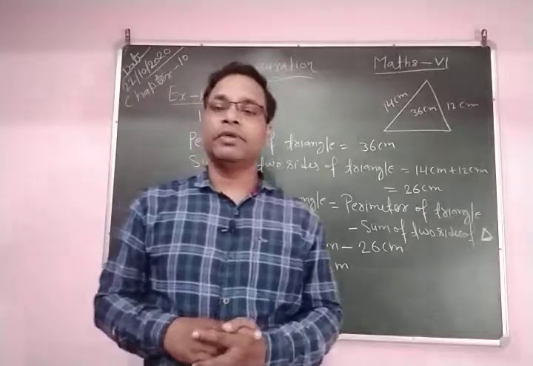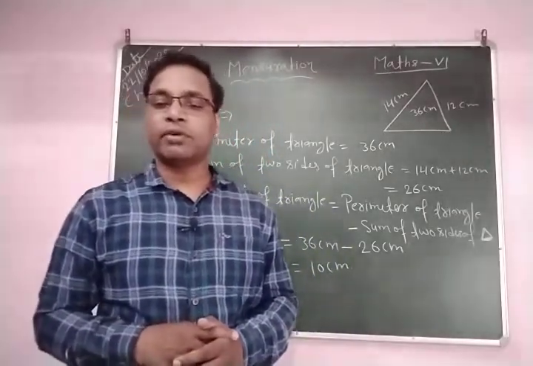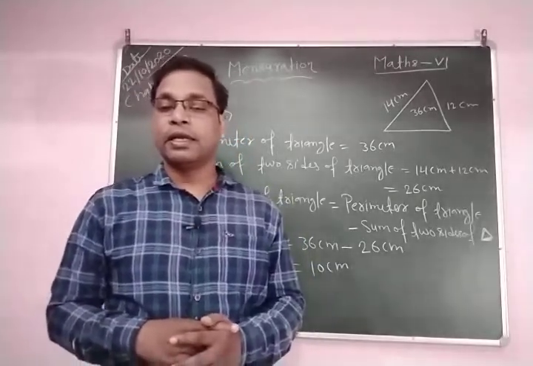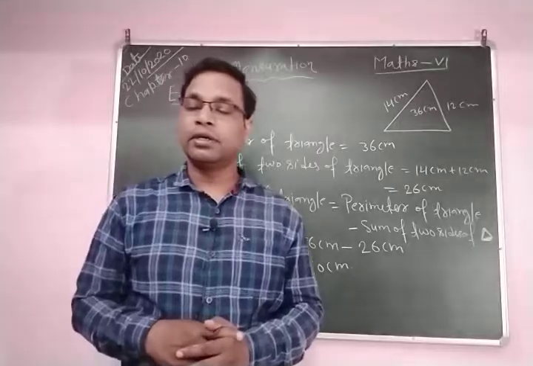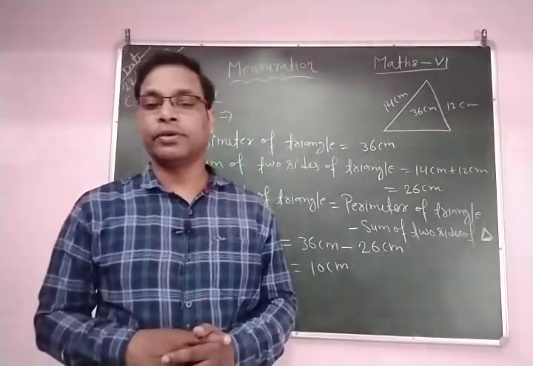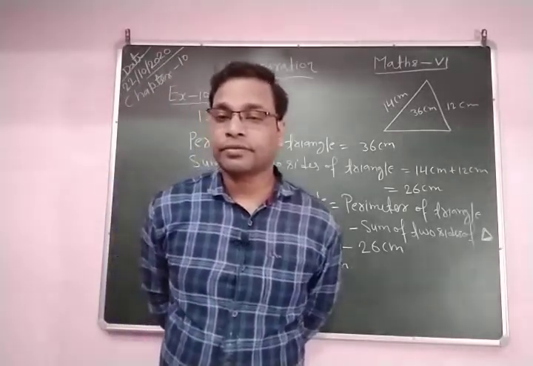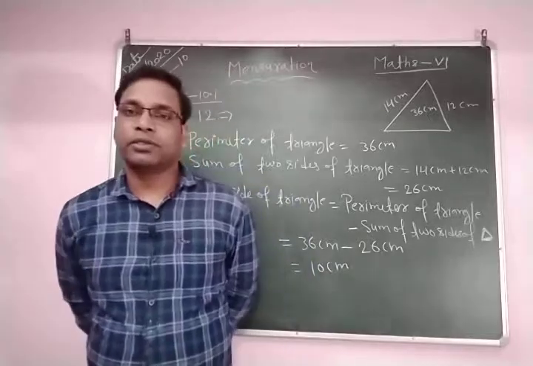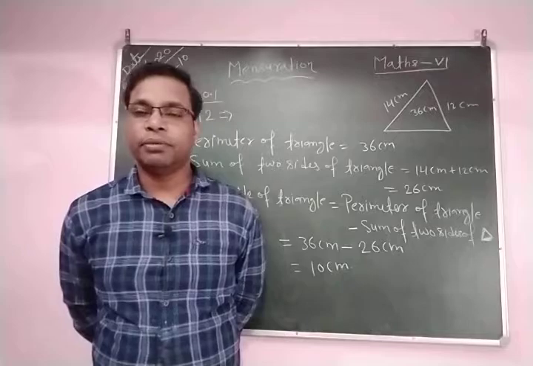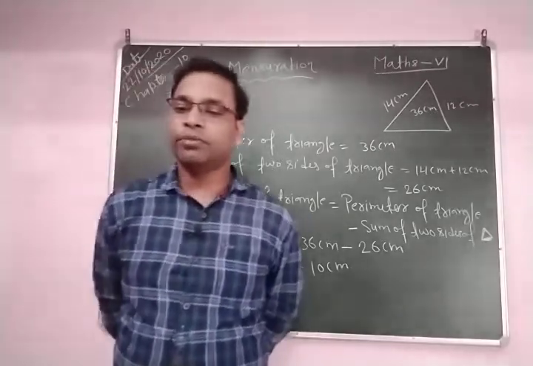In question number 13, we have to find the cost of fencing of a square box of side 250 meters, at the rate of 20 rupees per meter. The rate of fence is given as 20 rupees per meter.